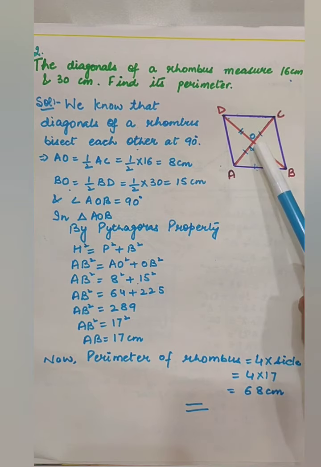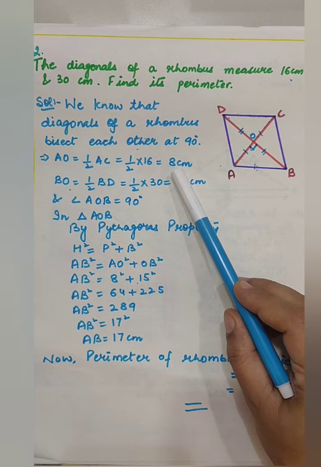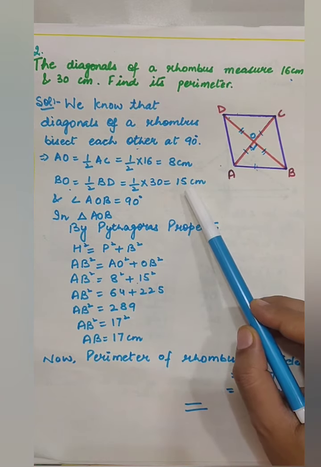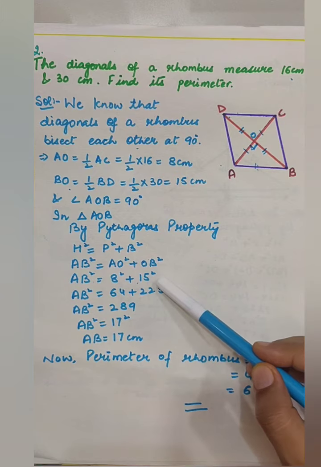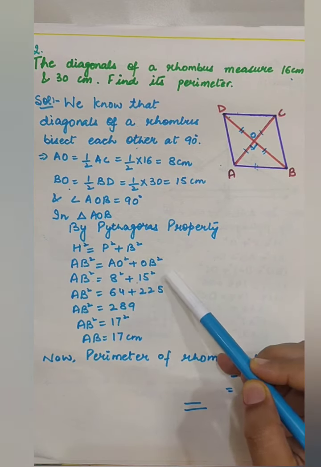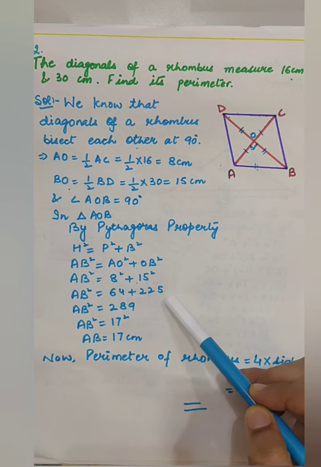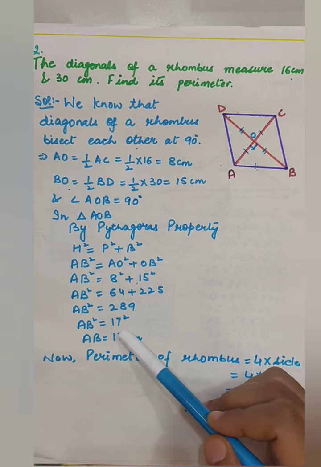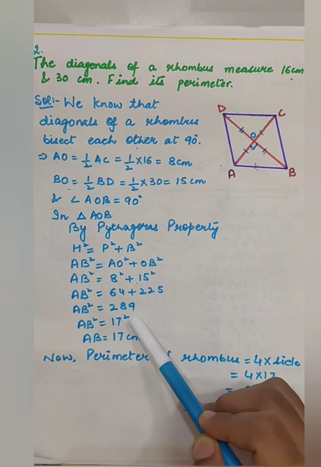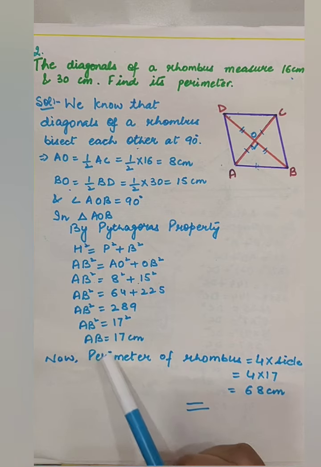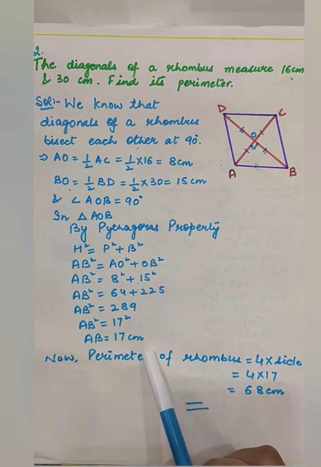The length of AO is 8, so this becomes 8 square, and the length of OB is 15, so it becomes 15 square. 8 square is 64 and 15 into 15 is 225. After adding we get 289, that is the square of 17. So AB square is equal to 17 square. So AB is equal to 17 centimeter.